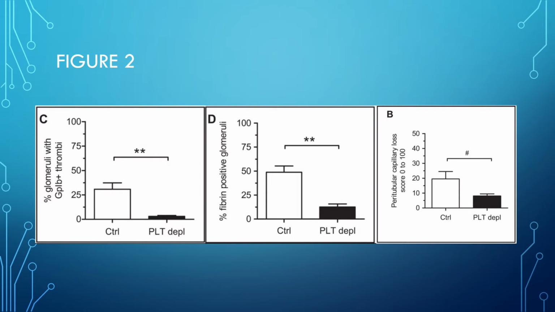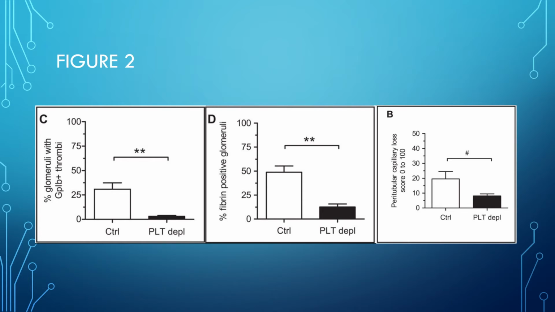Now that the researchers know that the platelet inhibitors actually reduce the amount of platelets found, they wanted to investigate the effects of the platelet depletion on these endothelial injuries. So they took into effect the control group and the platelet depleted group, which was using the glycoprotein IBA antibody, and they wanted to see the different amounts of thrombin and specifically fibrin within the endothelial cells.